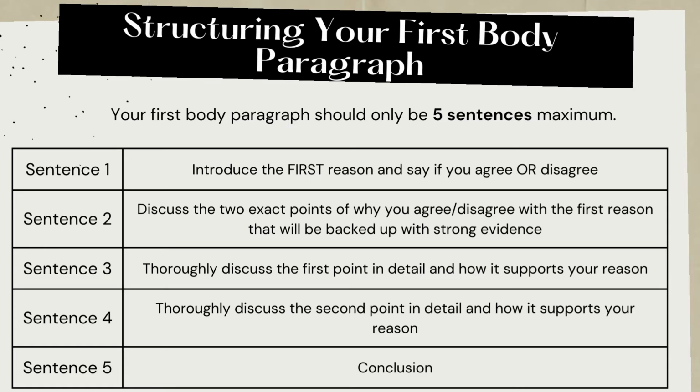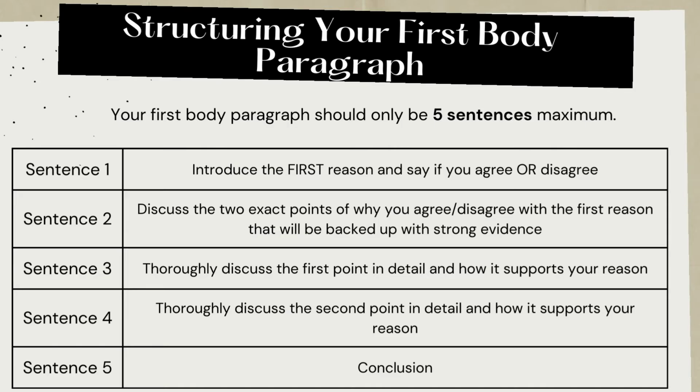In sentence 1, you should make sure that you introduce the first reason and say if you agree or disagree with the point. And remember to stay consistent in either agreeing or disagreeing throughout your entire essay. In sentence 2, you should discuss the 2 exact points of why you agree or why you disagree with the first reason that will be backed up with strong evidence.